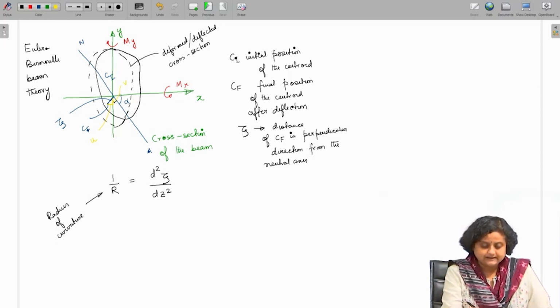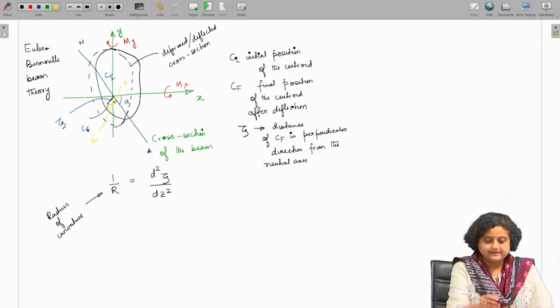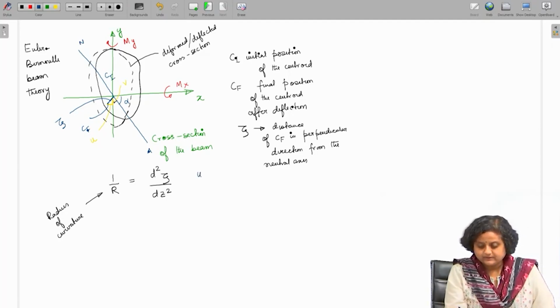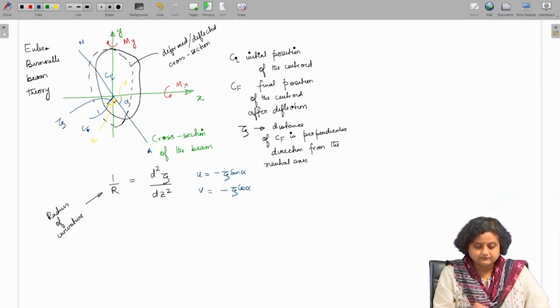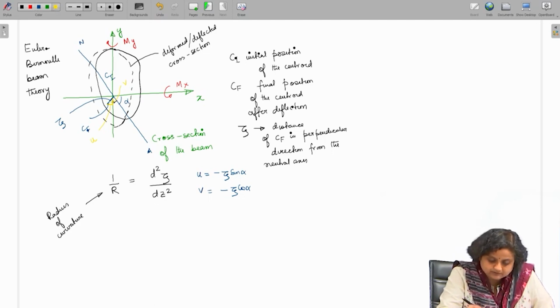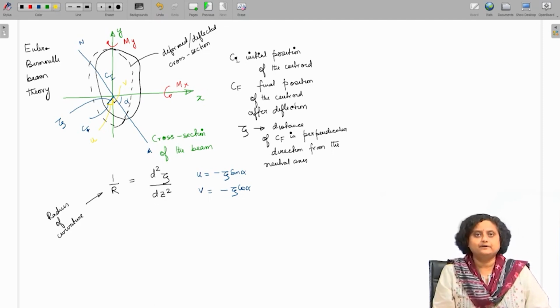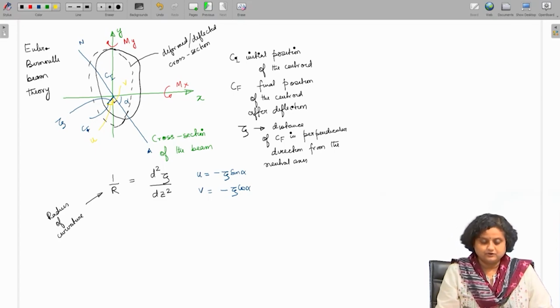If this is the angle alpha, then u is nothing but minus z into sin alpha, and v is nothing but minus z into cos alpha. If you carefully look, this angle will also be alpha, and therefore u can be written as minus z sin alpha and v can be written as minus z cos alpha.